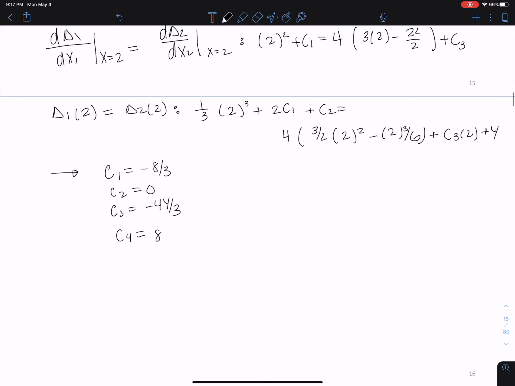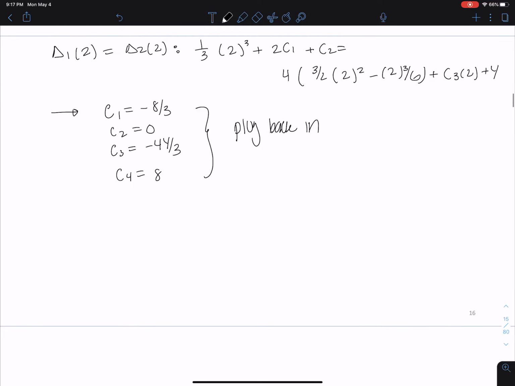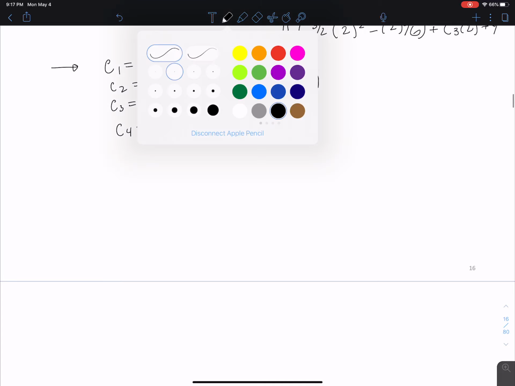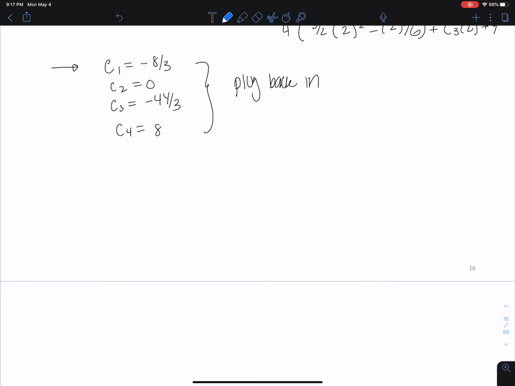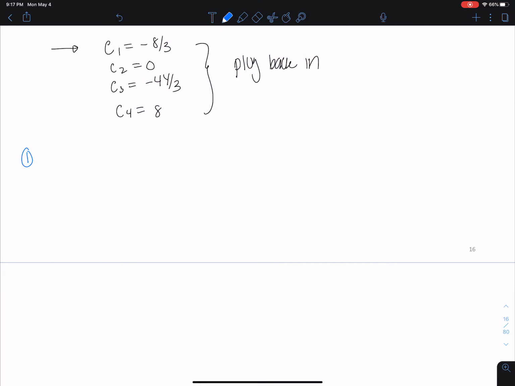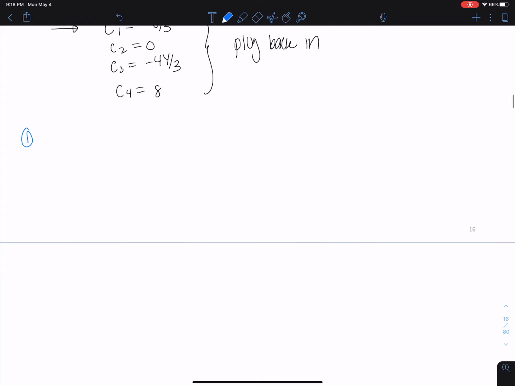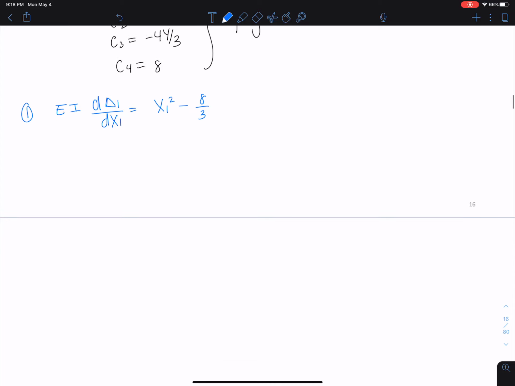And now I want to plug these back in to my equations so I can get my complete equations here. Okay. If I do that, I get EI d delta 1 over dx1 is equal to x1 squared minus 8 over 3.